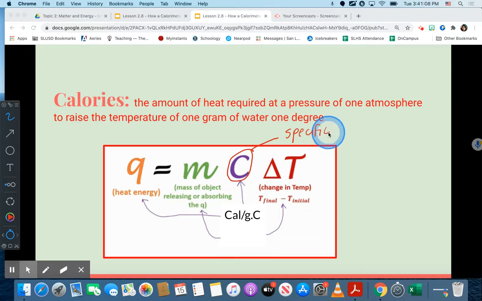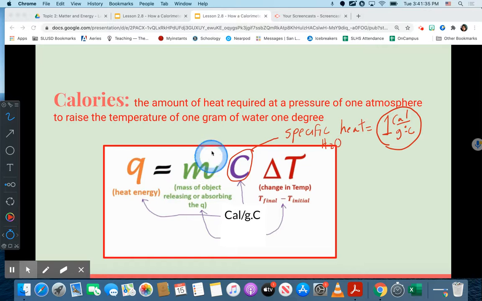So when we're doing these calculations, the specific heat of water, or H2O, is always going to be 1 calorie per gram degree Celsius. Doesn't that make our math so much easier? So your C when you're calculating calories is always going to be 1. And then you also need to know the temperature change of the water.